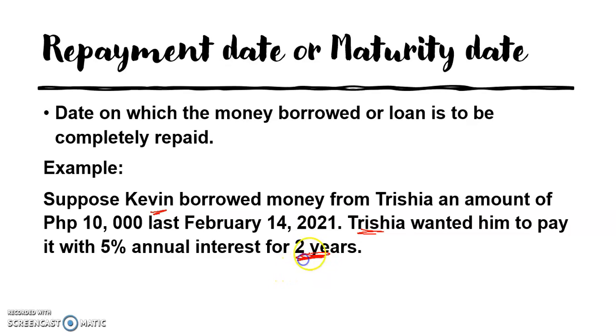So, the expectation is matatapos ni Kevin na bayaran ito after 2 years. Since naghiram siya 2021, ang maturity date niya is 2023. The same date, February 14. This is now the maturity date or the repayment date.